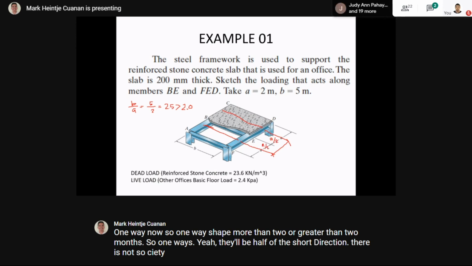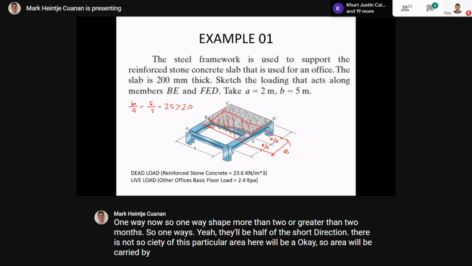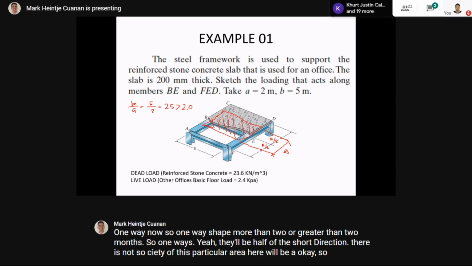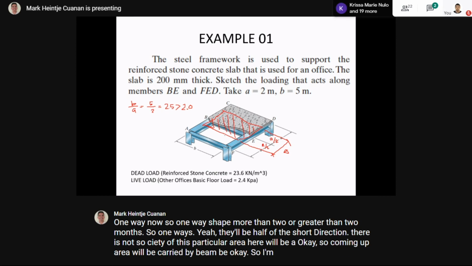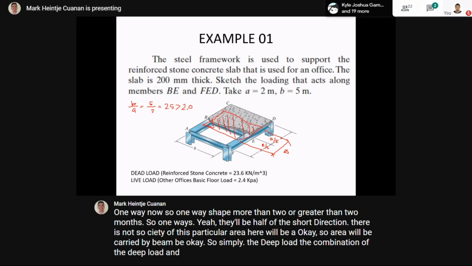So the width of this particular area here will be A. Okay? So the area that I shaded will be carried by beam BE. Okay? So what beam BE will carry is the combination of the dead load and the live load. So we need to solve for the dead load.